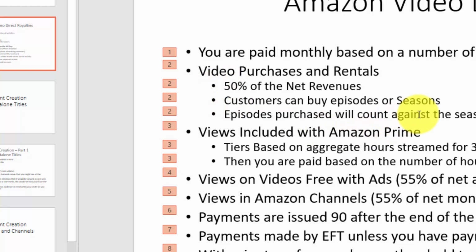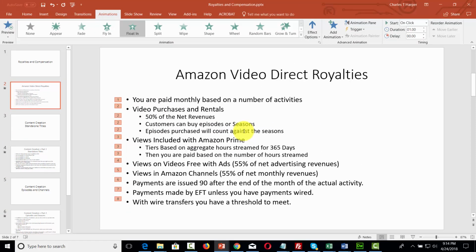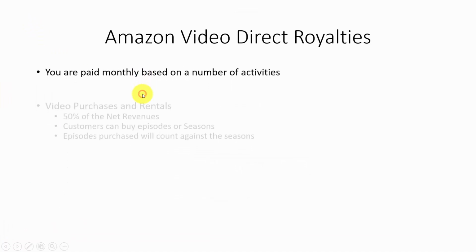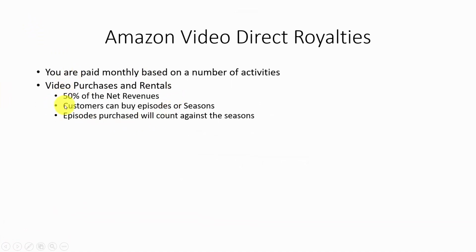And so how does that appear on screen? In order to illustrate that, we can just go to the slideshow, go to From Current Slide, and we can see that all of these points go with the subpoints. And that may not be the way you want to do it. You may want to have it so that each subpoint comes one after the other.